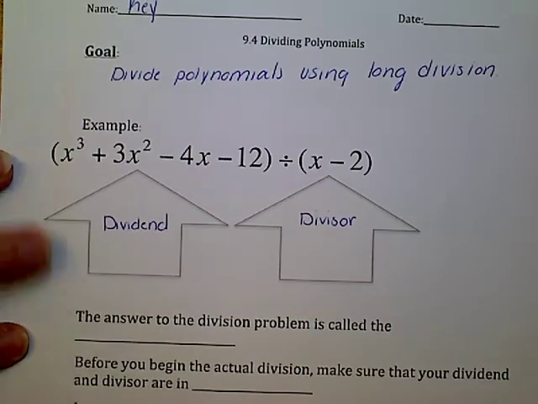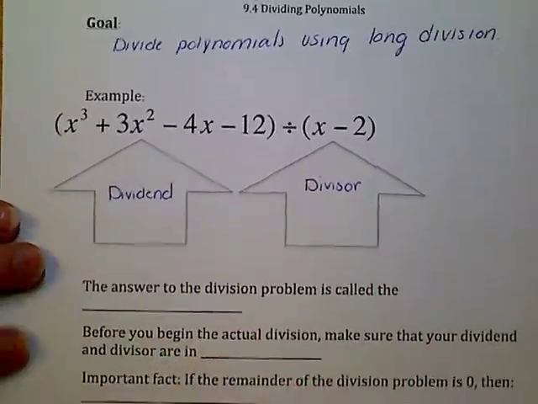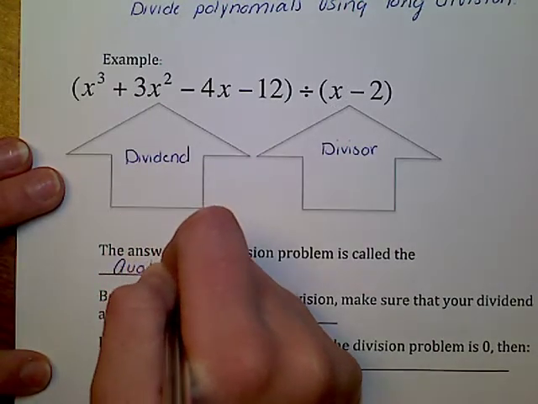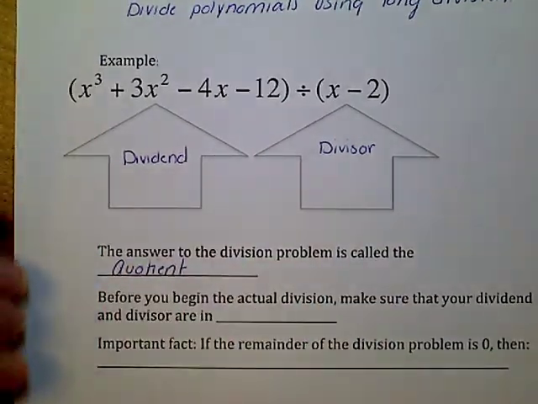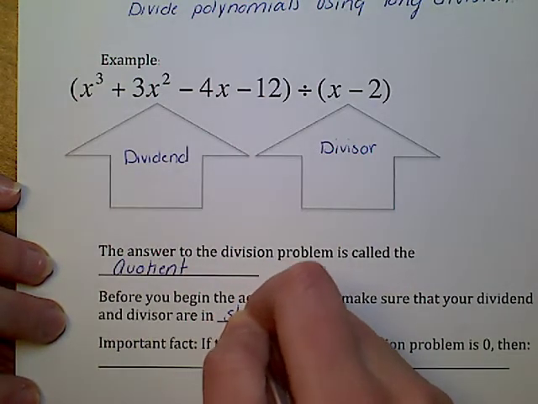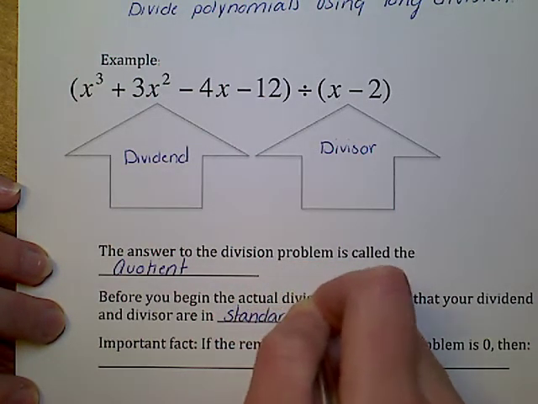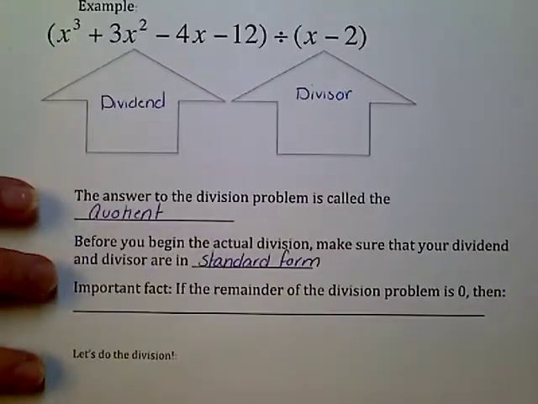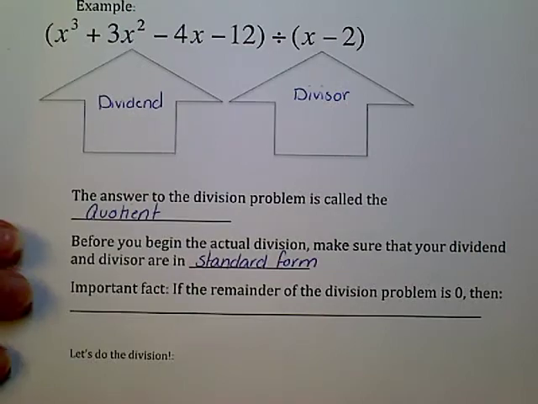Now, once we get an answer to this division problem, we call that the quotient. When you start a division problem, you always want to make sure that your dividend and your divisor are in standard form. Which we are pretty used to, so that's usually not a big deal.